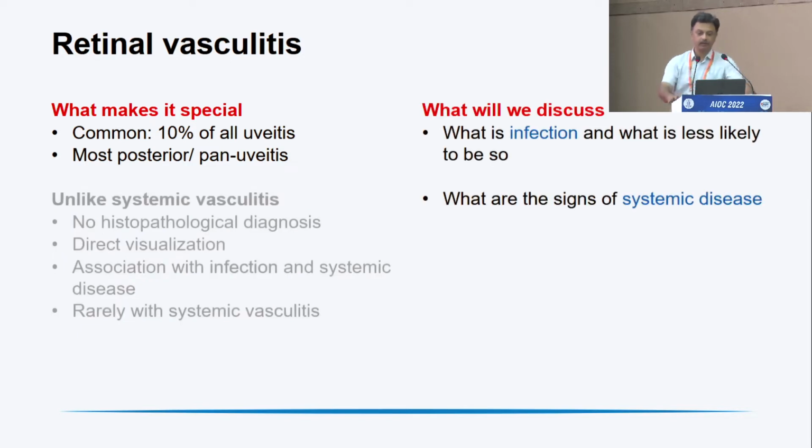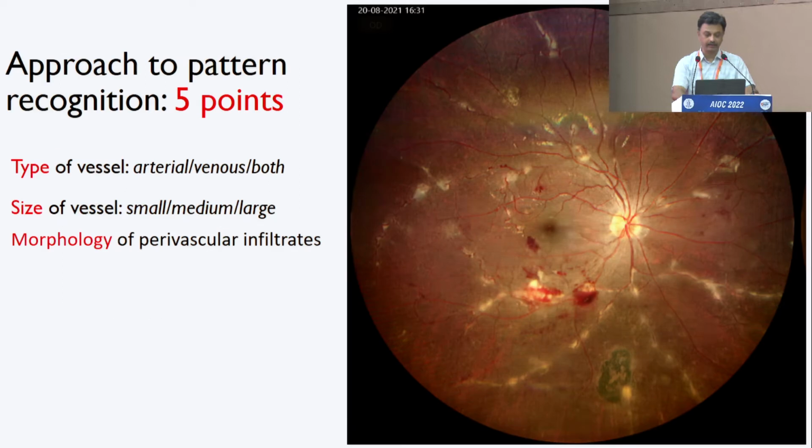So in this talk, we are going to discuss how infectious retinal vasculitis manifests, and when it is less likely to be infectious, and what are the signs of the systemic disease that can be found in association with retinal vasculitis. So this is a brief overview of how you look at a patient who comes to you with retinal vasculitis.